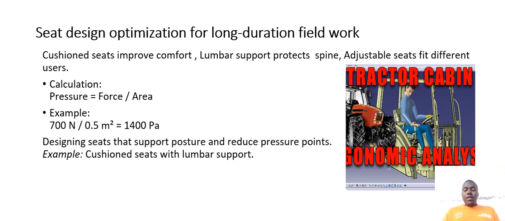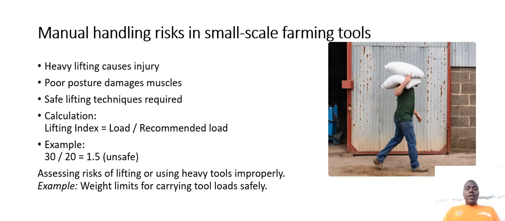Let me continue with another slide. Another slide is manual handling risks in small-scale farming tools. In that, first we see the person in the picture who pulls on his shoulder a high weight.